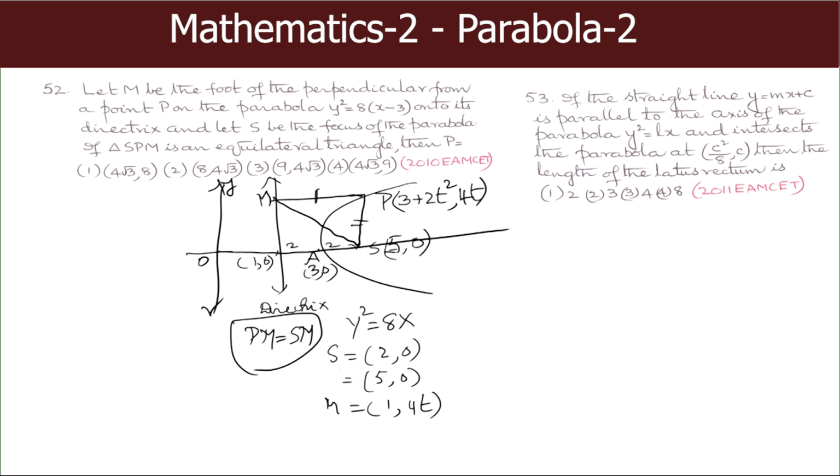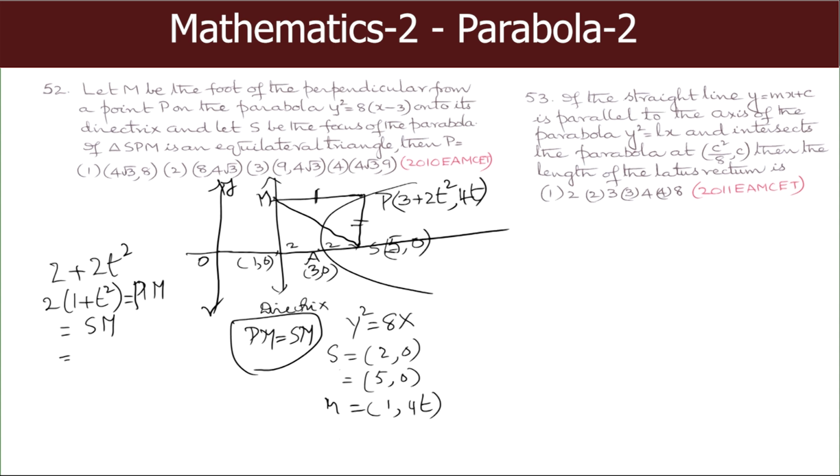Well, PM equal to the difference of the x coordinates, 3 plus 2t square minus 1, that is equal to 2 plus 2t square. So, 2 into 1 plus t square, that is equal to PM, that is equal to SM.